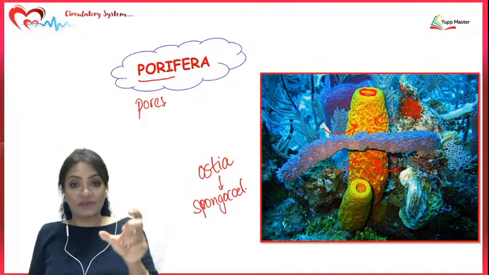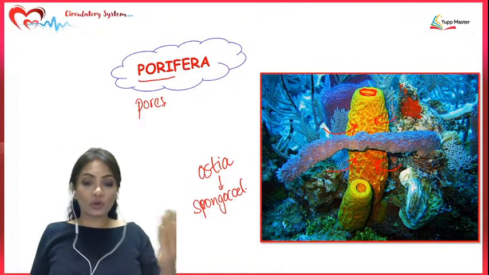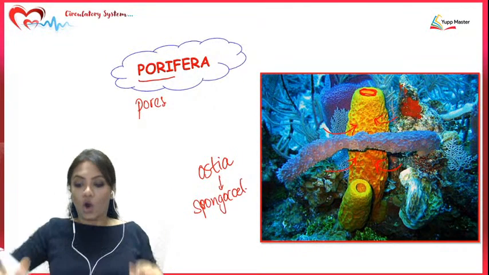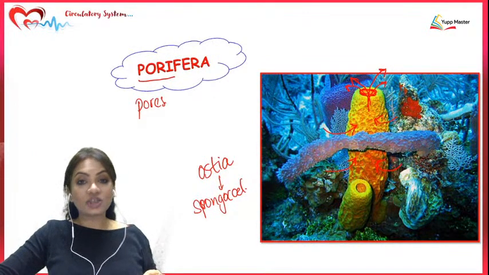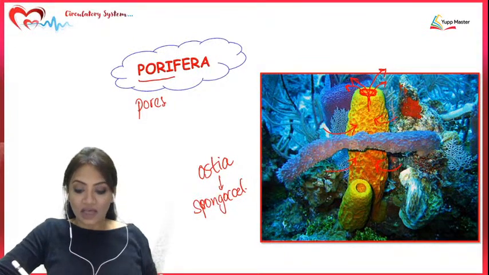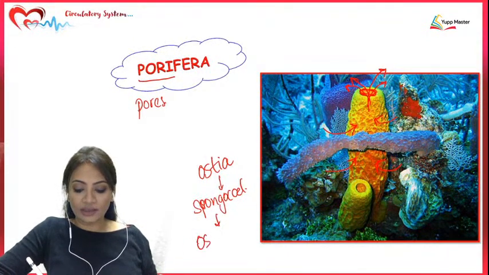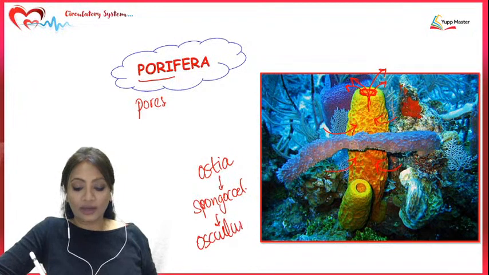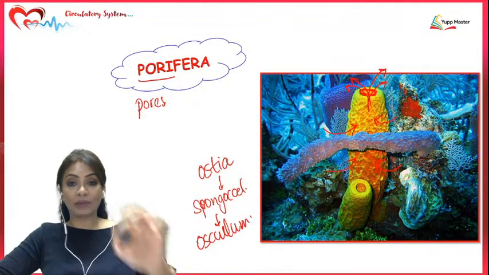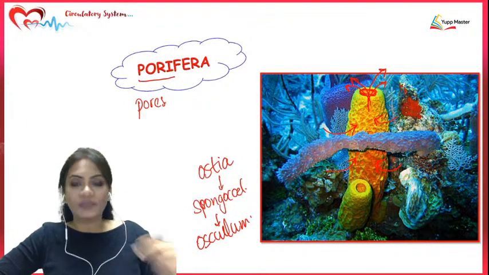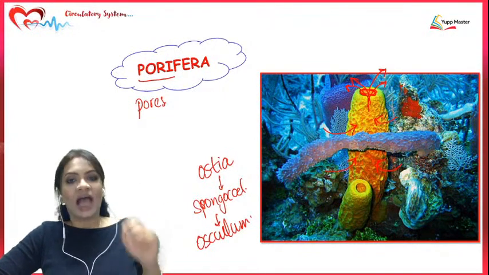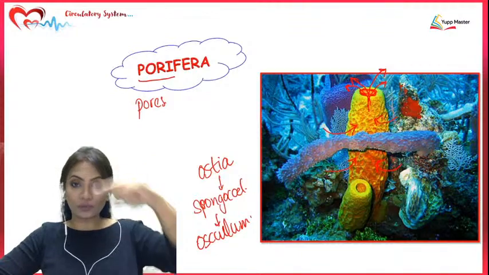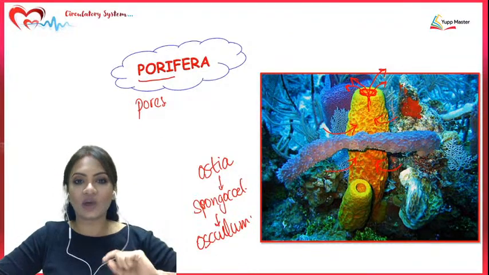So it is the cavity or the coelom of that sponge. Then water is going to be pushed out through this one external opening at the top, and that external opening is what we call the osculum. So water enters in through minute pores called ostia, passes through the cavity called the spongocoel, and then comes out through that one major opening which we call the osculum.